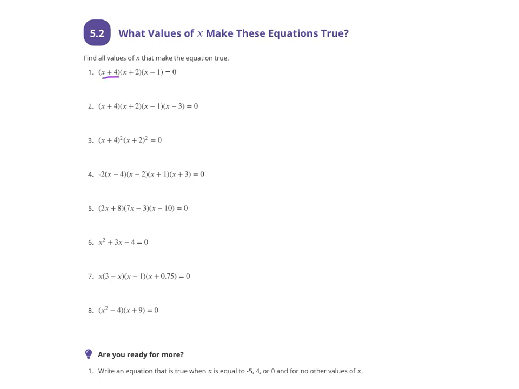If I say x plus 4 equal to 0, or I change the sign, I get x is equal to negative 4. I take plus 2 and change the sign, I get negative 2. I take negative 1 and change the sign, I get plus 1. Because x plus 4 equal to 0, subtract 4, x equals negative 4. X plus 2 equal to 0.